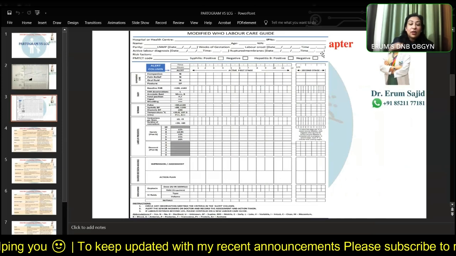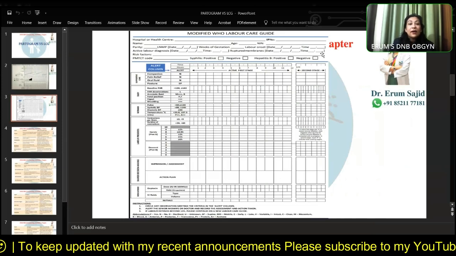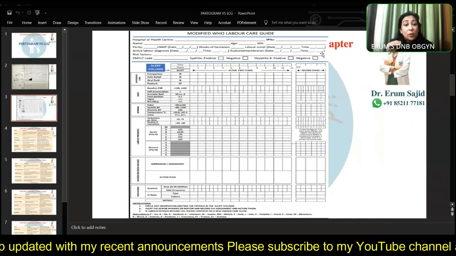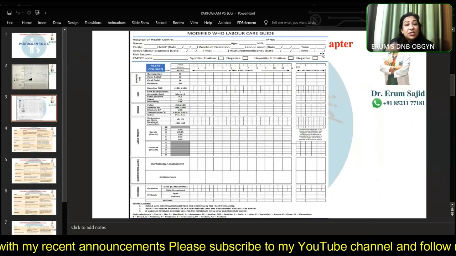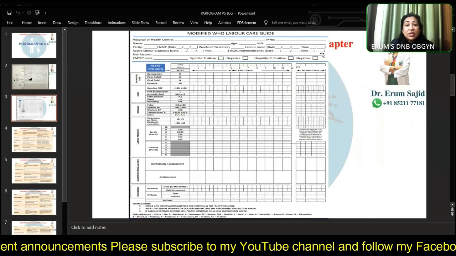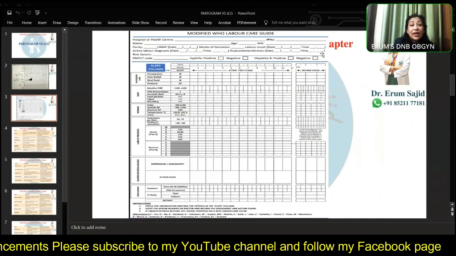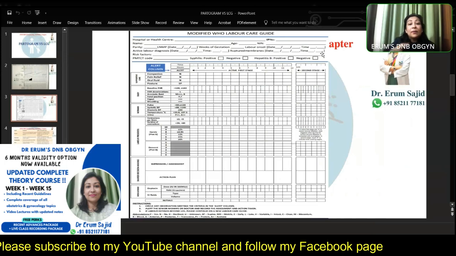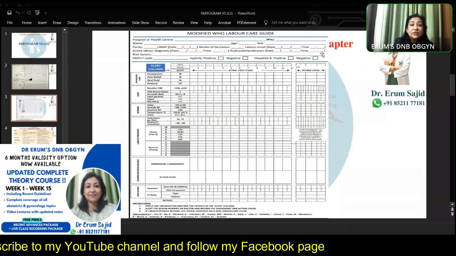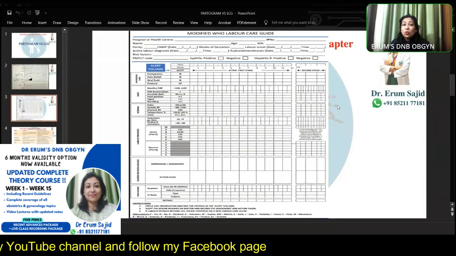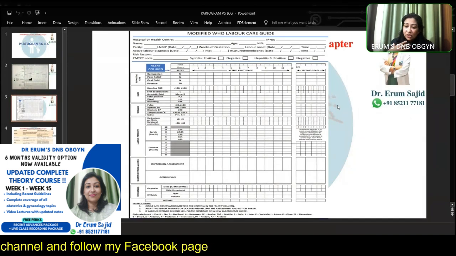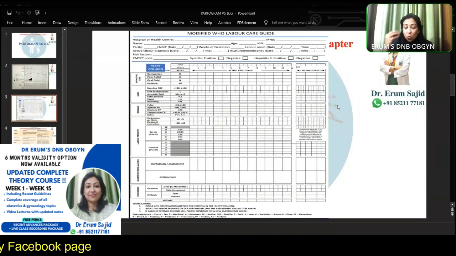You will write down everything: what gravida, what para, when was she admitted, with what problems, when did she go into active labor, labor onset what time, active labor what time, rupture of membranes at what time, what are the high risk factors. So anybody who takes over this patient knows right from the very beginning what they're dealing with.